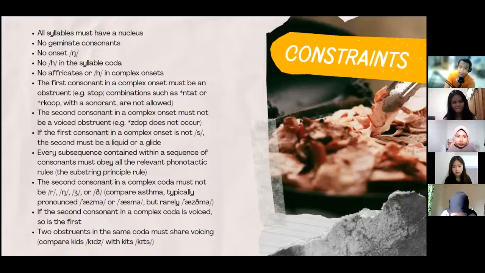The next one is that the first consonant in a complex onset must be an obstruent, and combinations such as tl or a coup with a sonorant are not allowed. The other important one is the last one: two obstruents in the same coda must share voicing, like the examples say, kids and kits.